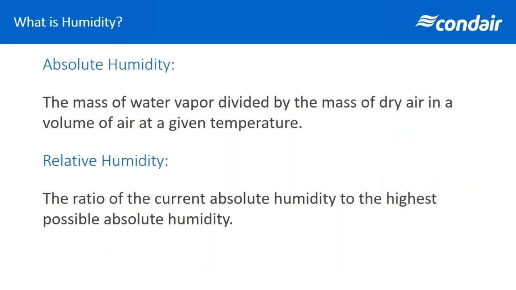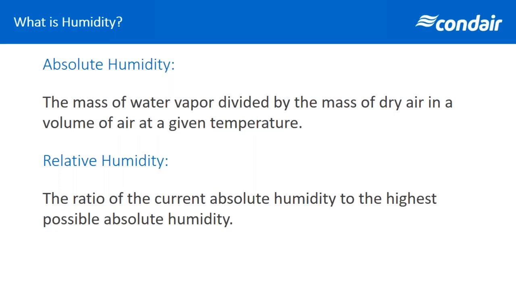So looking at both absolute humidity and relative humidity, absolute humidity is the mass of water vapor divided by the mass of dry air and volume of air at any given temperature. So this is really how much moisture there is in the air itself. Whereas relative humidity is the ratio of the current absolute humidity to the highest possible absolute humidity.